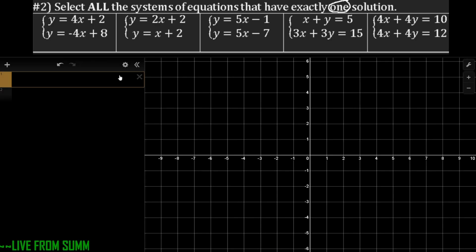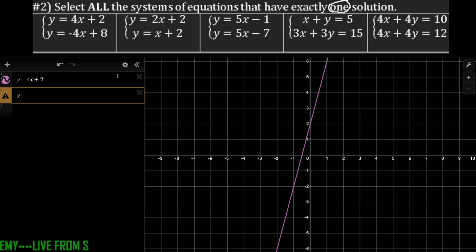And let's say, okay, looking at that first system of equations, I have y equals 4x plus 2. I have y equals negative 4x plus 8. So wherever they are equal is where they intersect. So for that one, I can say it's going to be 0.75, comma 5. So let me write that on here.